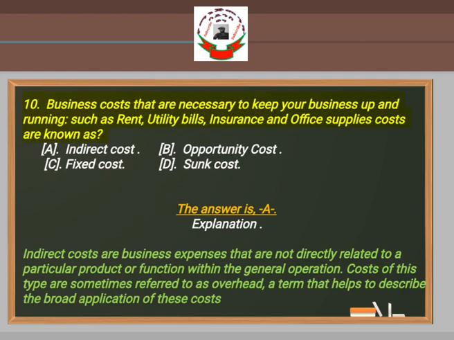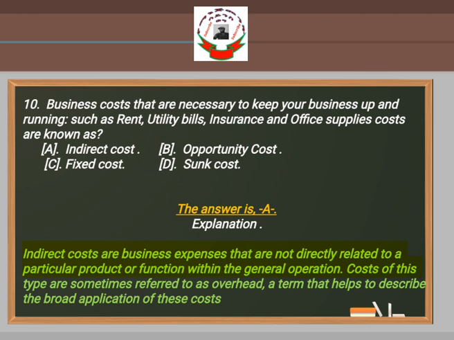10. Business costs that are necessary to keep your business up and running, such as rent, utility bills, insurance, and office supplies costs are known as A. Indirect cost. B. Opportunity cost. C. Fixed cost. D. Sunk cost. The answer is A. Explanation.